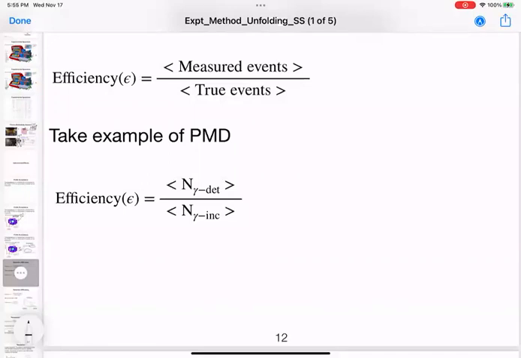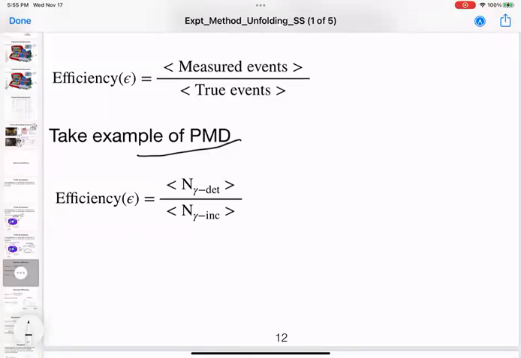efficiency part. So if we take the PMD as an example, how do we define this efficiency? We can define it as N gamma detected divided by N gamma incident. Let's define what these two are. We can calculate this efficiency using a simulation.